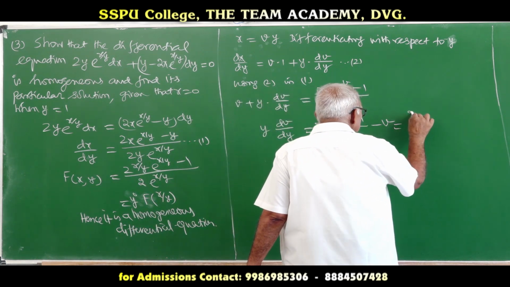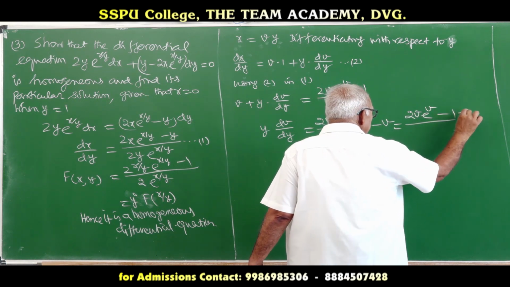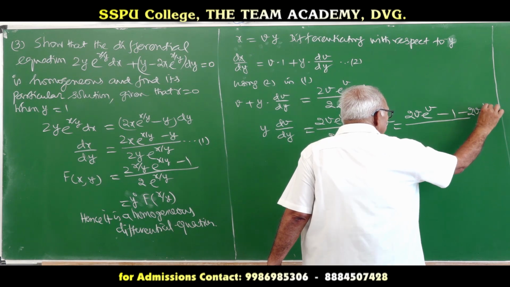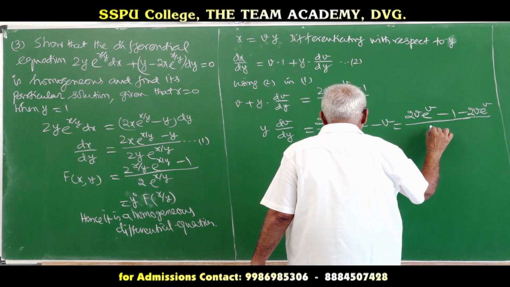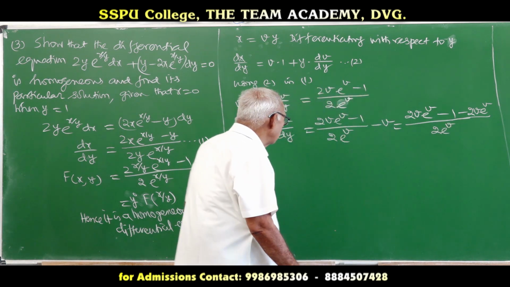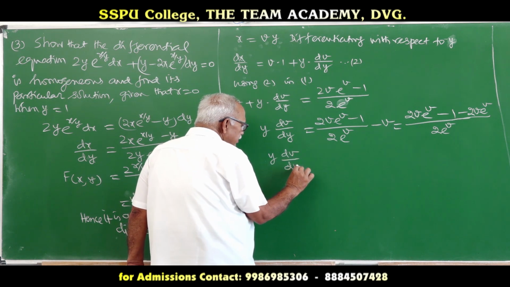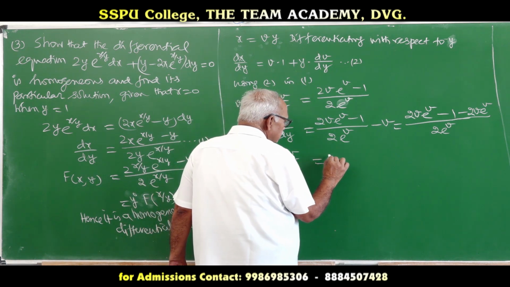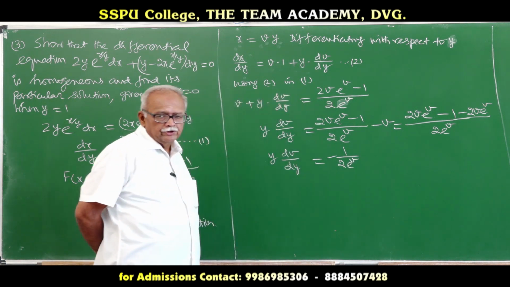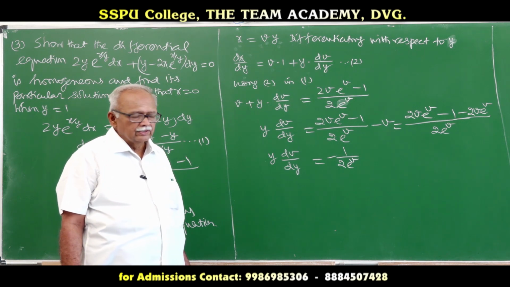This is equal to 2 v e power v minus 1 minus 2 v e power v divided by 2 into e power v. Now this becomes y into dv by dy is equal to minus 1 by 2 into e power v. So we have eliminated x here.